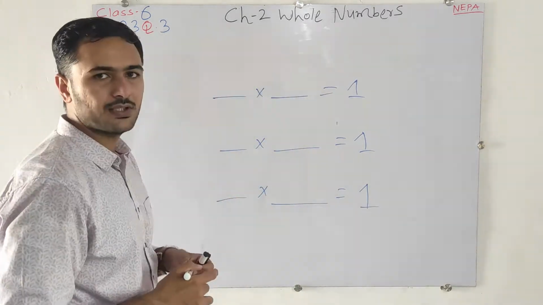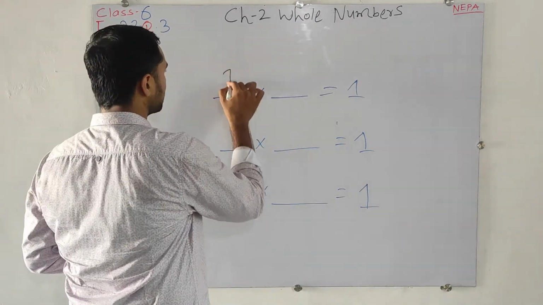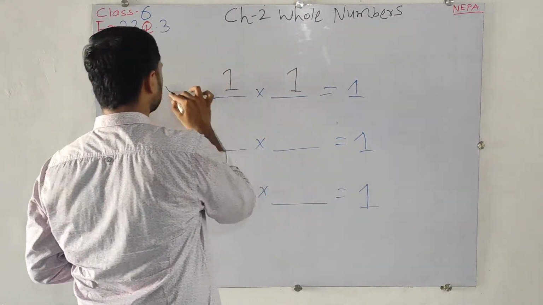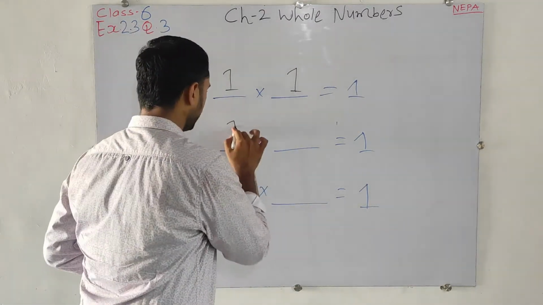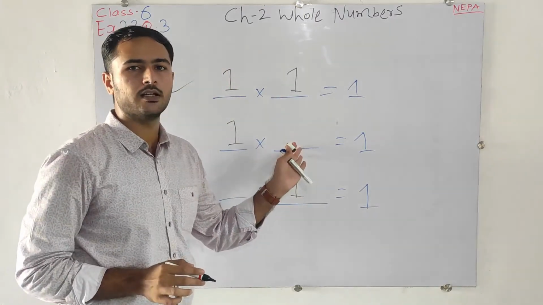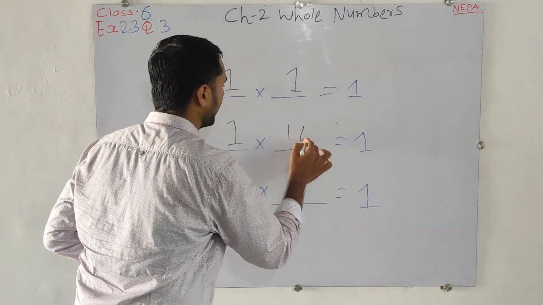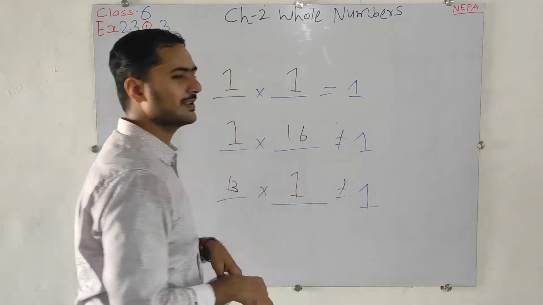Fine. So let's start with the first case: if I select both the numbers as 1, then the answer is 1. Okay, that is correct. But if I select only one number as 1, here is only 1 and here is only 1, and now write down any number over there. If I write 16 and if I write here 13, the answer will not be 1.